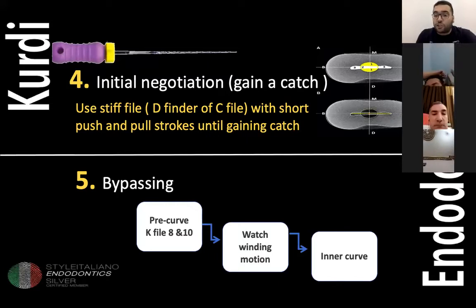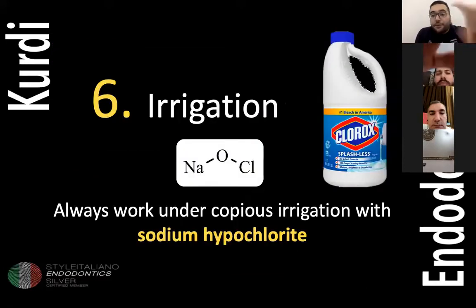Once you have a catch, go and make sure that you are in the right way, and then after that, pass it with manual files, hand 10, 15, 20, or sometimes even 25, with watch winding motion until you complete your bypassing, and then go to rotary files. The irrigation that we are going to use will be sodium hypochlorite.